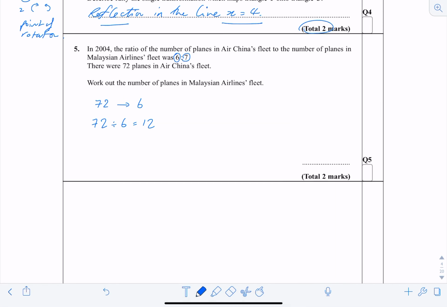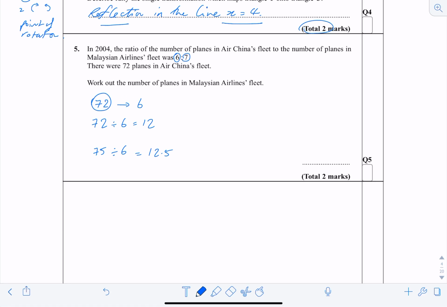Now, it doesn't necessarily always have to be a round number. It could be that there were 75 planes, but we've still got the same approach, which would be 12.5. So this is how many times that ratio goes into 72, right?